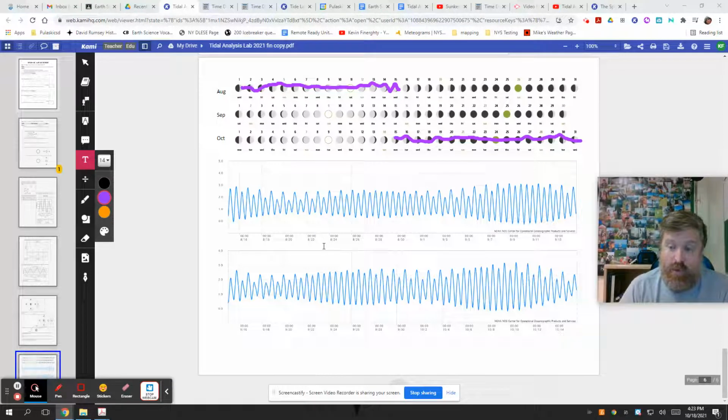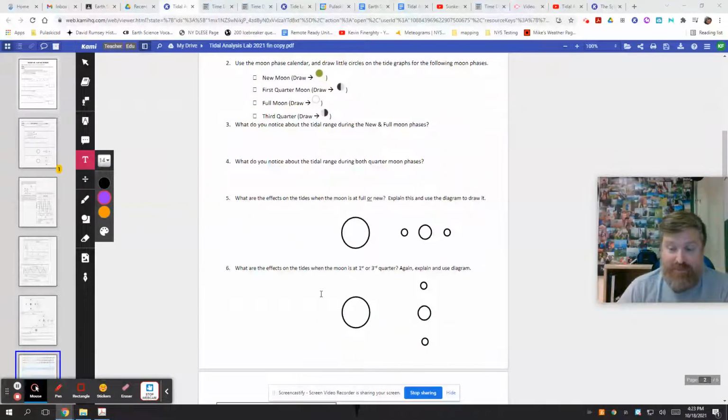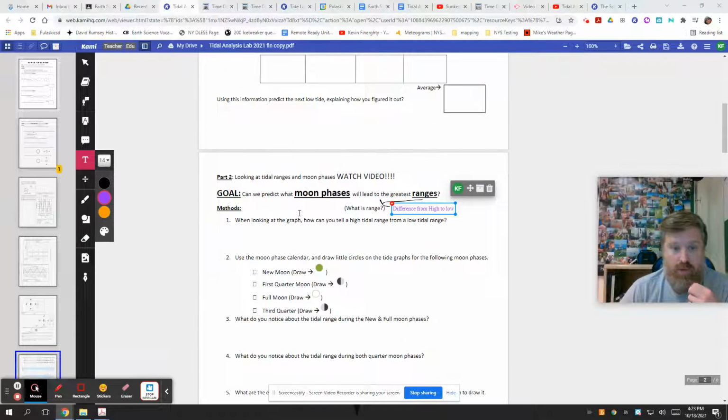Think about what it means to have a large range, what it means to have a small range. And really, we're just doing these diagrams slightly differently. We want to see during which moon phases we get the higher range, during which moon phases we get the lower range.